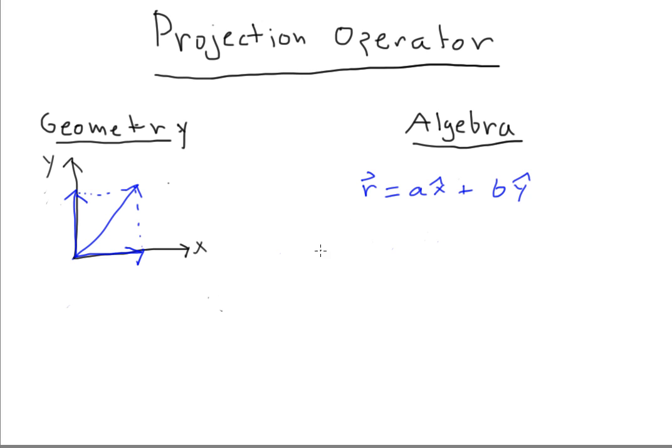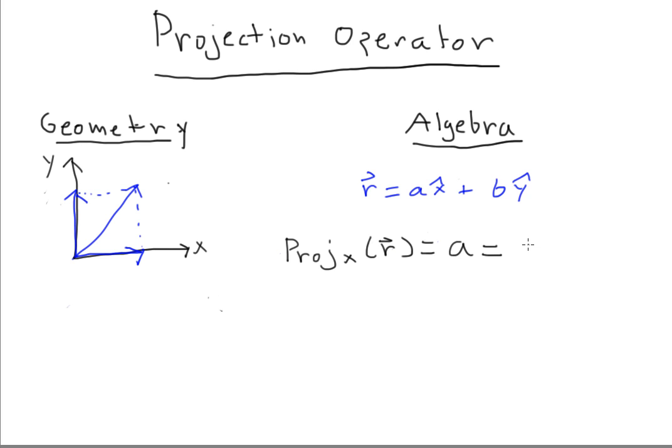So I'm going to create some notation. If this is my vector, I want to know what the projection onto the x-axis of this vector r is. In this case, I know it should be A, because that is the component here. But that's not very useful. If I have some other vector, it may not be A. So I want to know what is actually some function that I can use to project this.